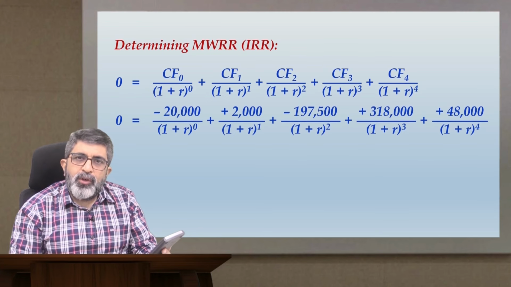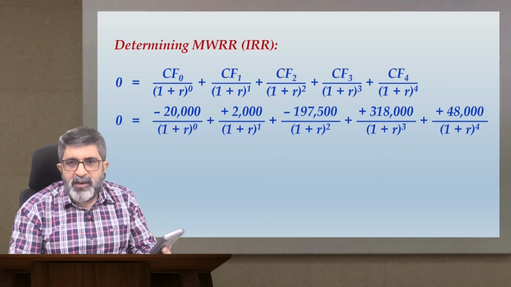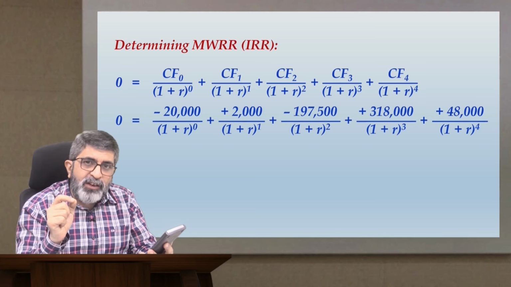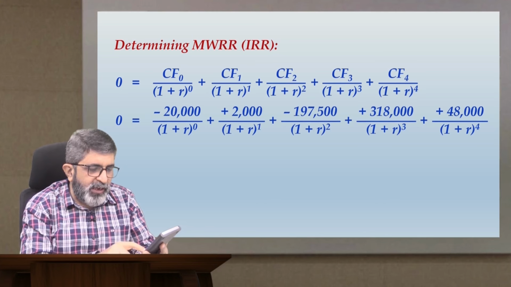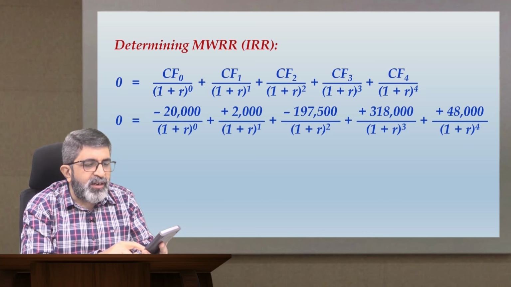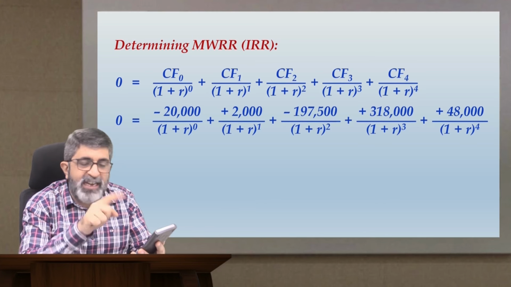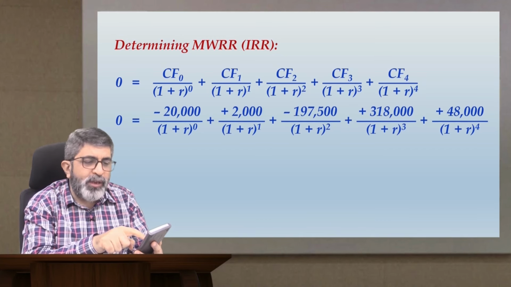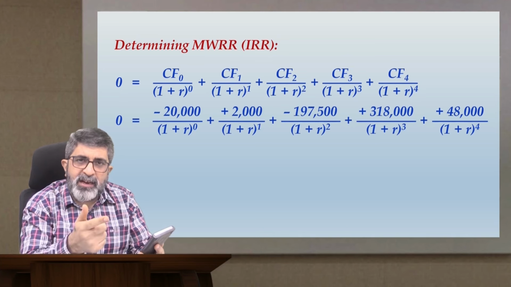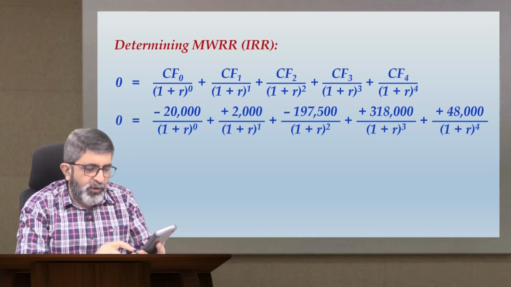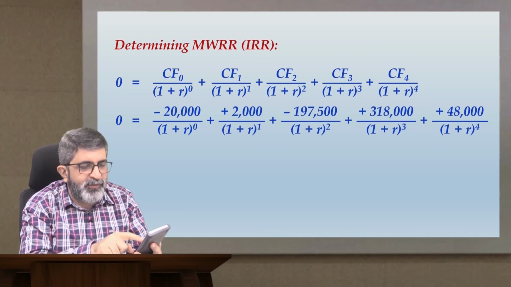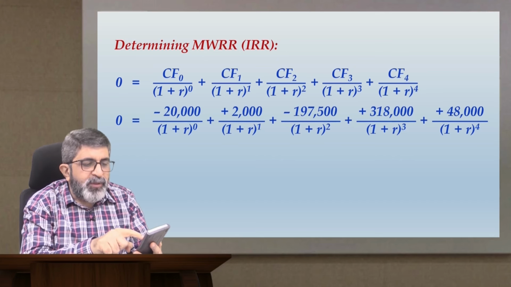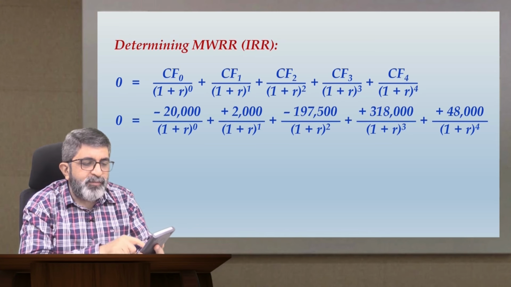Now, CF0 is demanded. It is outflow, that is a negative cash flow of $20,000. So I take 20,000 negative as input, press enter and press the downward arrow key once. It is now demanding the cash flow of year 1, which is $2,000 positive. So 2000 will be the input, press enter, downward arrow key twice.